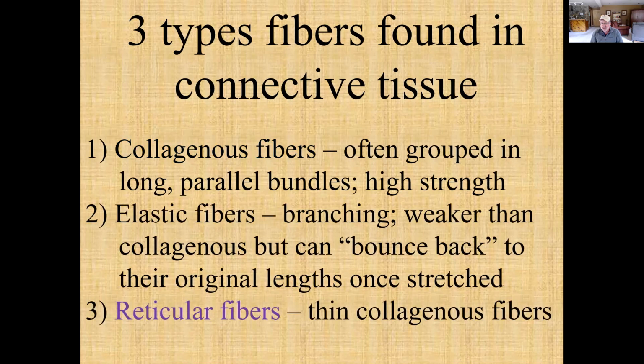So they're stronger than elastic, but not as strong as the bundles of collagenous, even though they technically are, but they're much thinner. And they generally are not oriented in parallel bundles. They're more randomly interwoven within the matrix, kind of like the elastic fibers are.